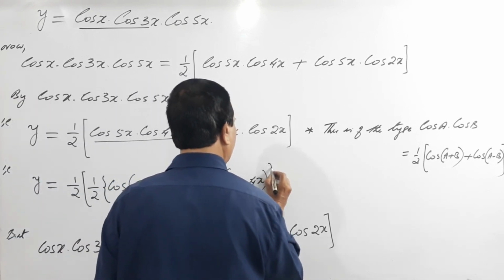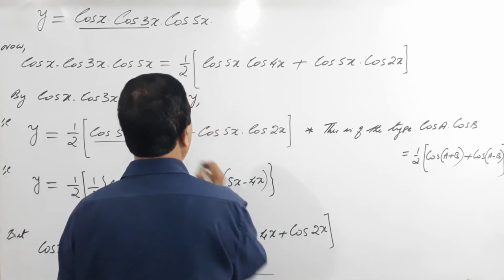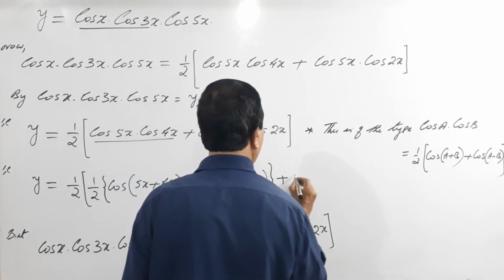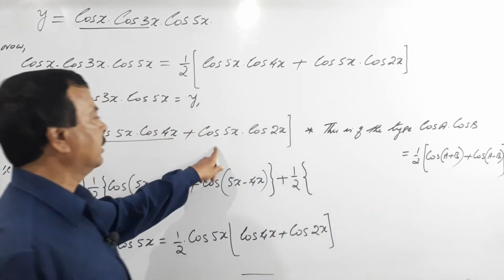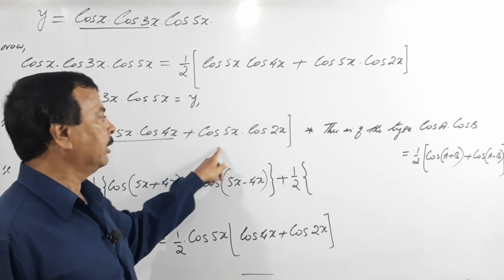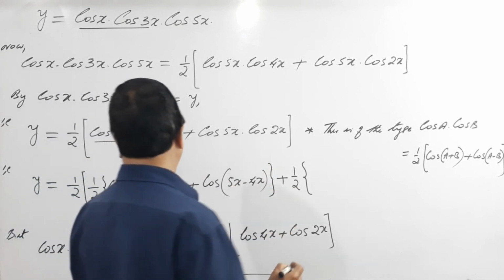So now plus half of, for this it is again cos A into cos B, same thing. This becomes what?